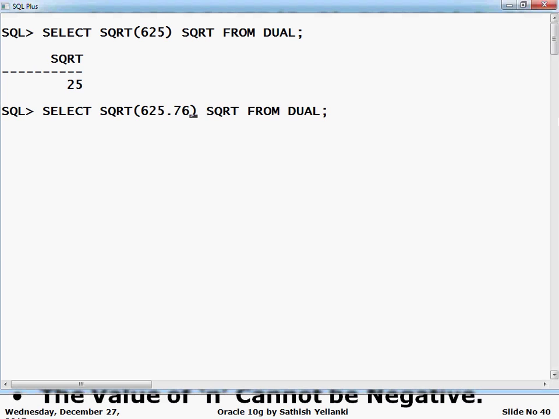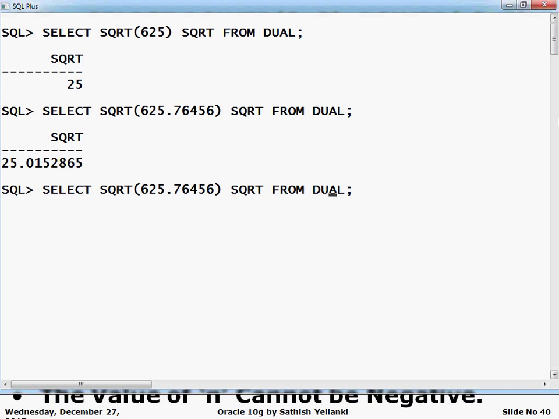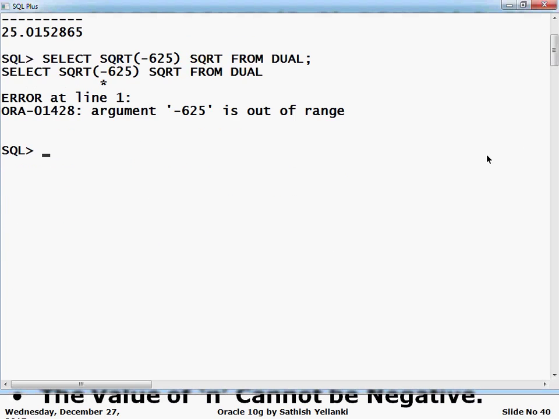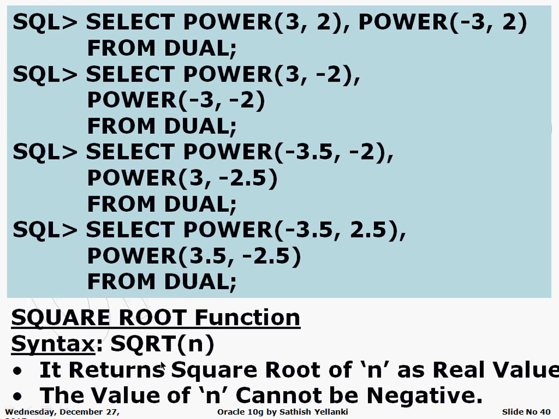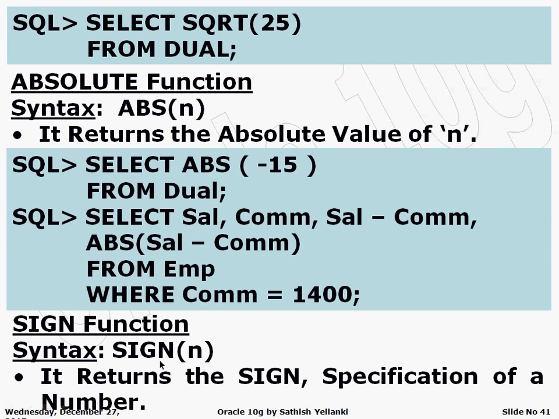So you can have square roots for even decimal points. But you cannot have square root for negative numbers. Rules are followed as per the fundamentals of mathematics, so following that rule everything will be working.